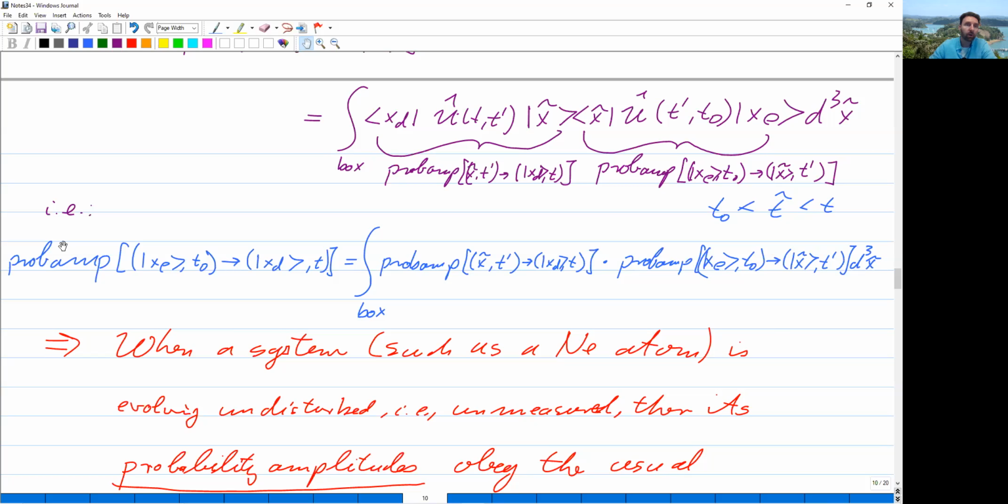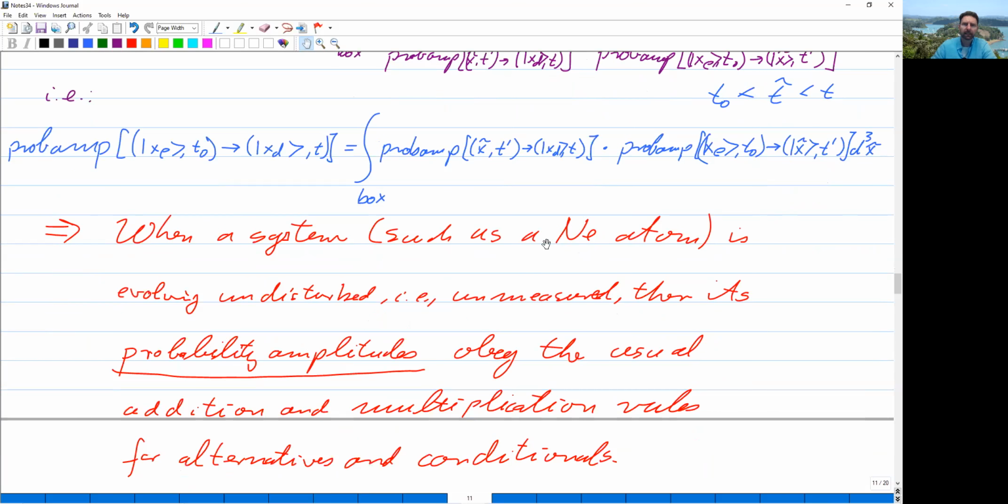Namely, now what we will get is that the probability amplitude for the neon atom to travel from the initial point to the final point in the detector is given by multiple integrals, and then in here probability amplitudes times probability amplitudes times probability amplitudes, namely probability amplitude to travel from initial location to location x1, and then from x1 to x2, and then from x2 to x3, etc., at the various times.